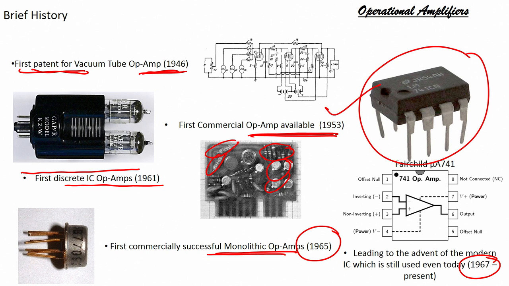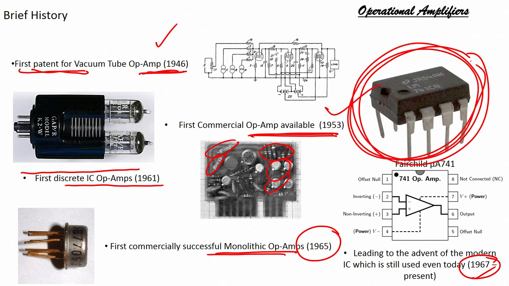Okay. So the point is that we started from 1946, we reached 1967, but still we are using the same operational amplifier, you see guys, from 1967 to present, right. So, this field is vast. First you should understand what is within the operational amplifier. Once you understand, you can make a better operational amplifier as well.